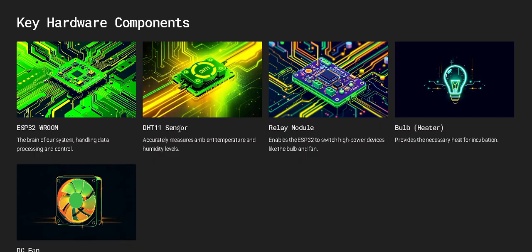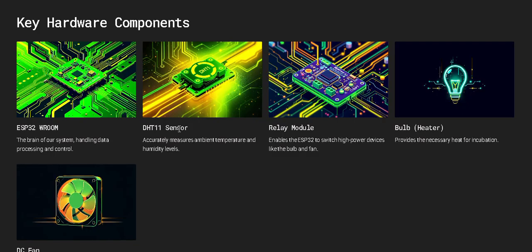Now we have the next slide on key hardware components. We use ESP32 that acts as the brain of the system, handling sensors, data and control logic. Second, we use the DHT11 sensor that will measure temperature and humidity.